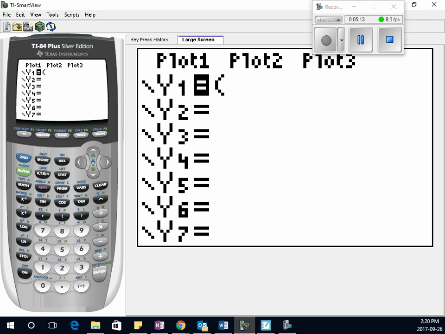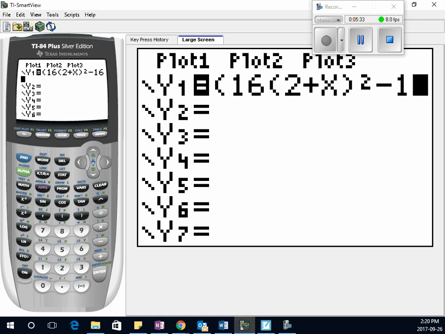So bracket 16 bracket 2 plus h bracket squared minus 16 bracket 2 bracket bracket divided by h. Okay. I forgot the squared? Oh, I did. All right, thank you. Let's insert it.